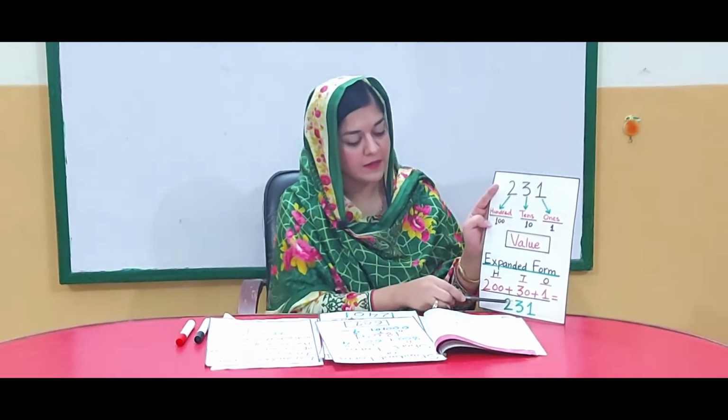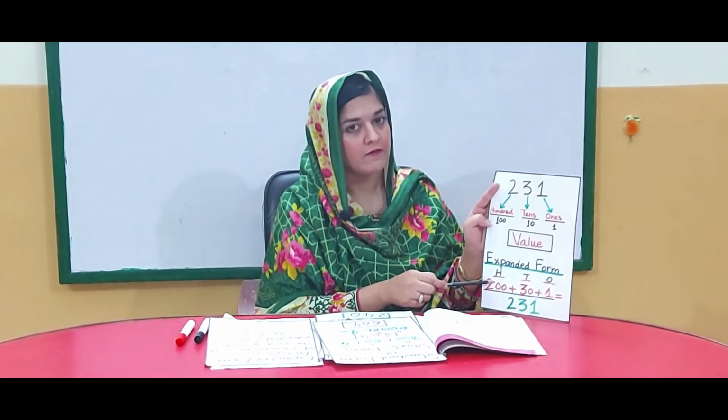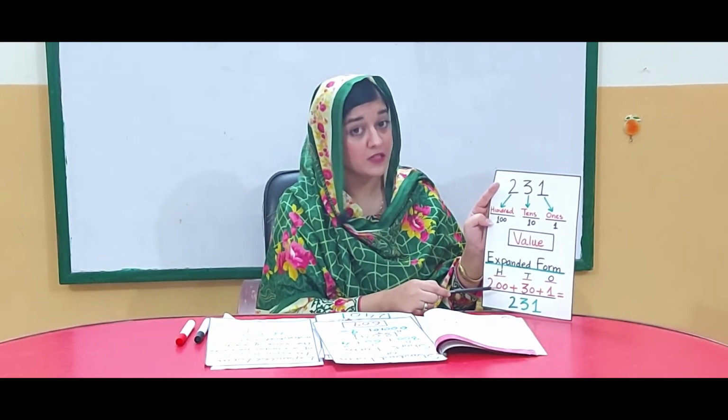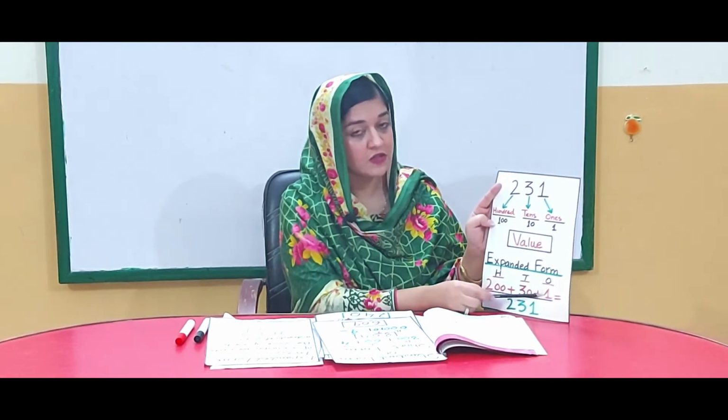That is the standard form, and this is the expanded form. We have written the value of each individual digit: it is standing on the hundreds place, the tens, and the ones.